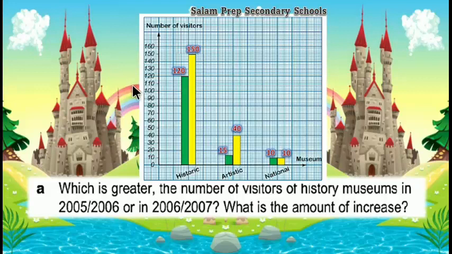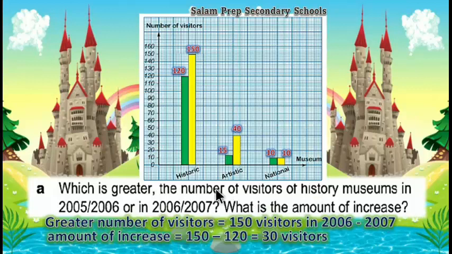Double bar graph. The first requirement: which is greater, the number of visitors of history museums in 2005, 2006 or in 2006, 2007? And then what is the amount of increase?